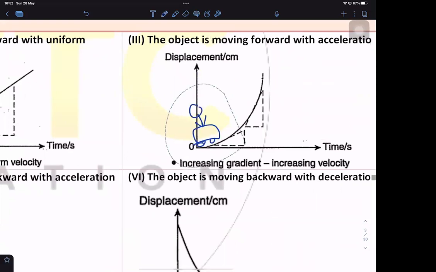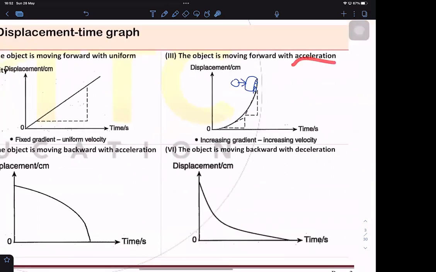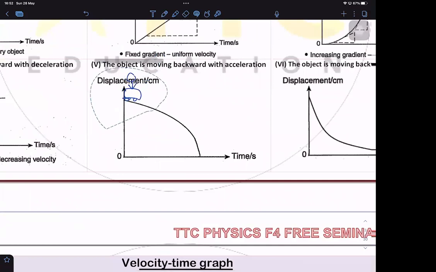Okay? So like this one is steeper and steeper. That means your velocity is faster and faster. You are accelerating, increasing velocity. You see this example here also. From like that, then you go to, you see, this is very steep, steeper and steeper.